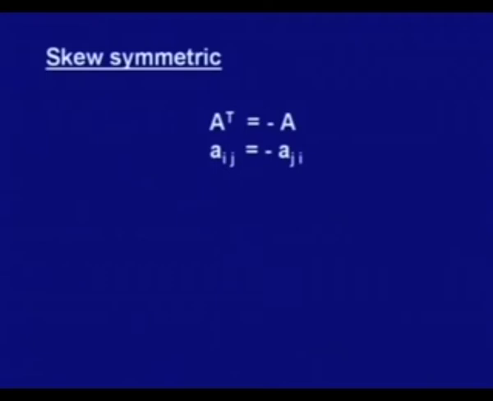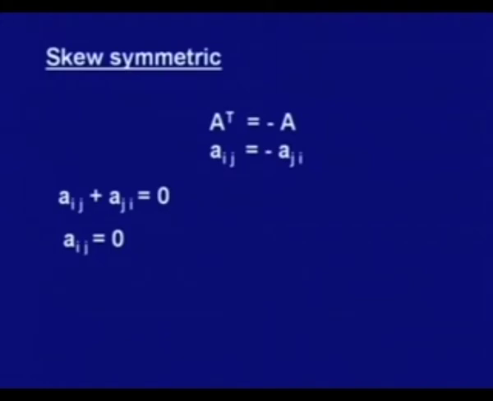So, this is the typical property of symmetric matrices. In skew symmetric matrices, we define A transpose as minus A. That is, the ijth element of A is the same as the negative of A_ji. If I simplify, then A_ij plus A_ji is 0. So, in a skew symmetric matrix, A_ij plus A_ji is 0 and A_ij is equal to minus A_ji.